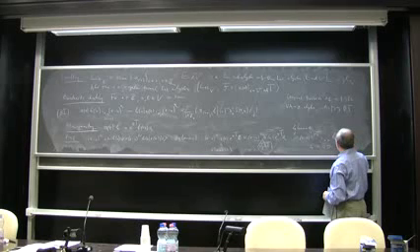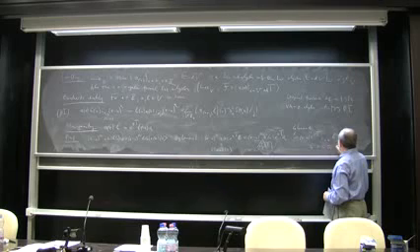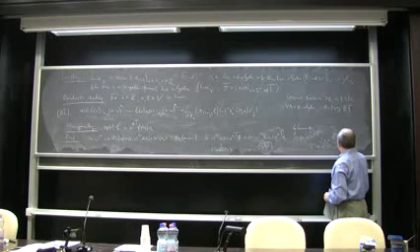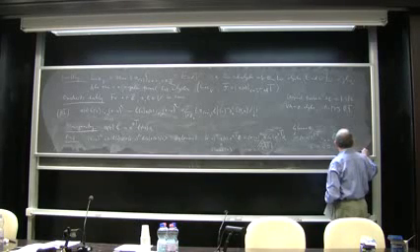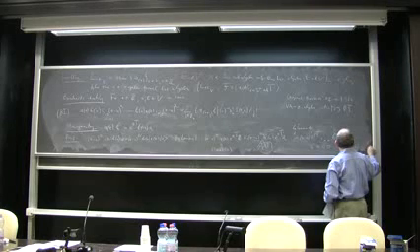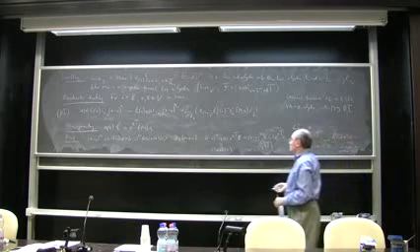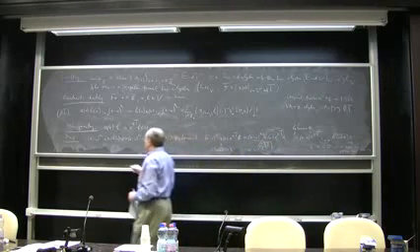And if n is sufficiently large, this becomes a formal power series in W again. And this allows you to put W equals 0.